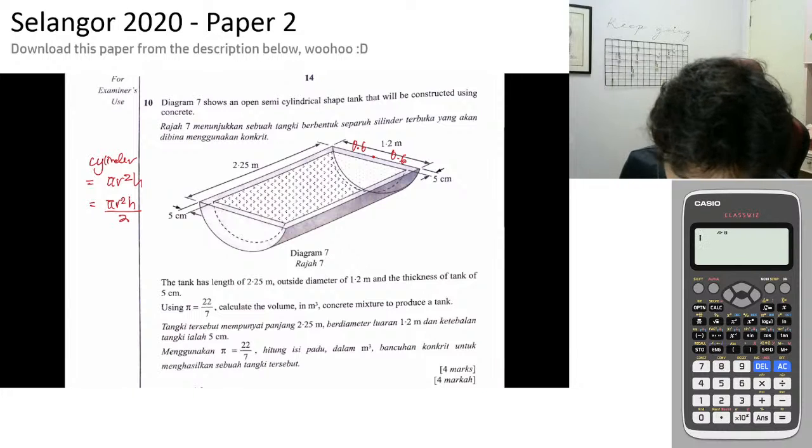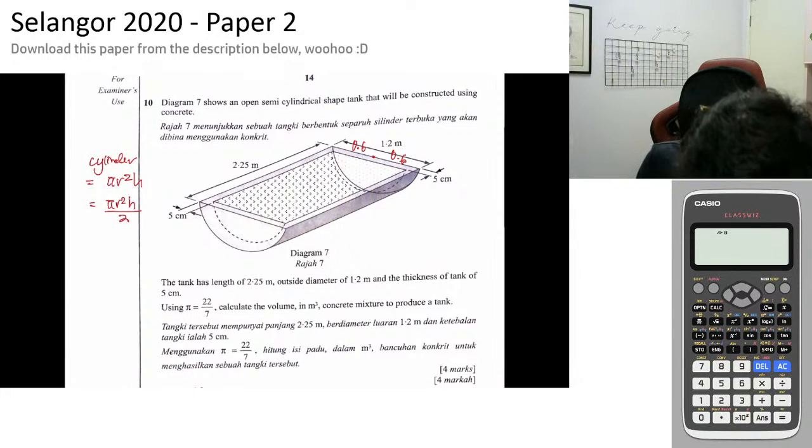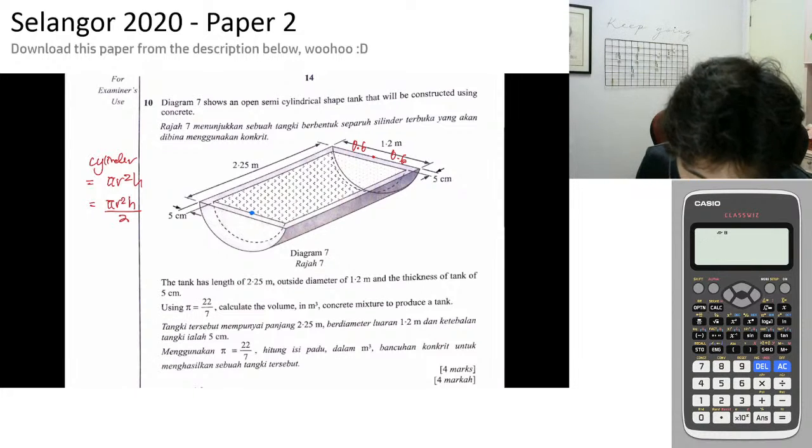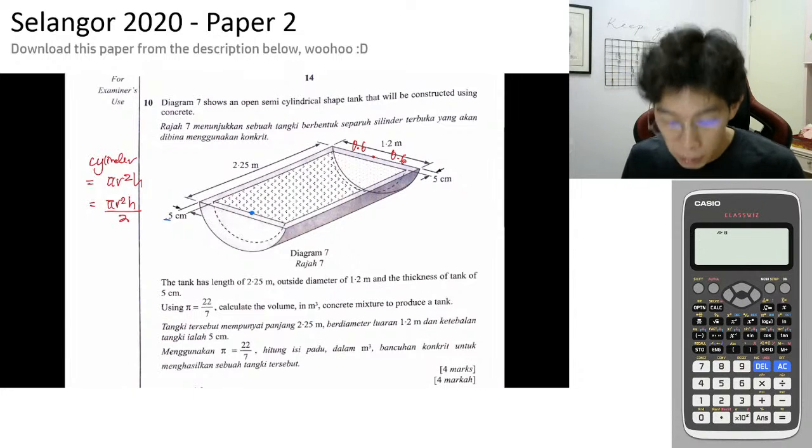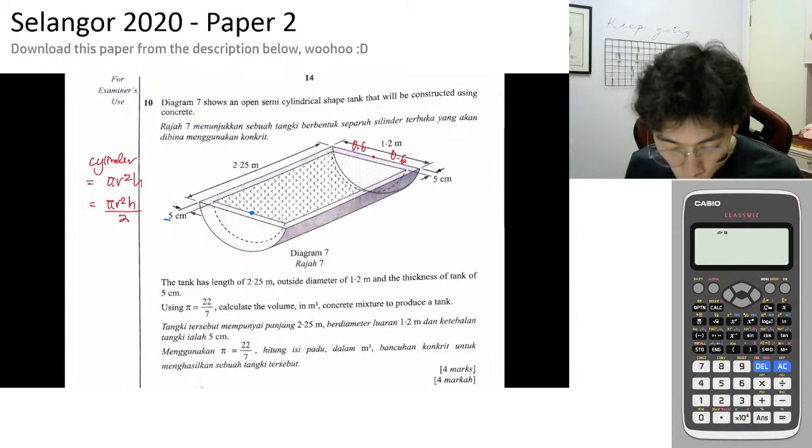Then the next one says the inner part, there is another cylindrical shape, right? So for the inner part, maybe I use a blue color. Do you notice there is a gap of how many cm? 5 cm. Everyone, I personally prefer students to always change to the relevant units.